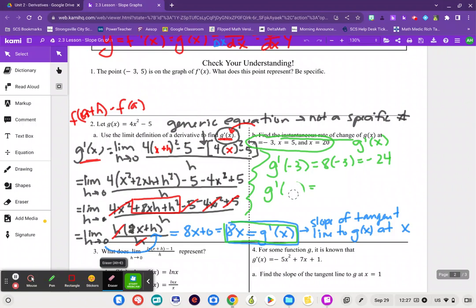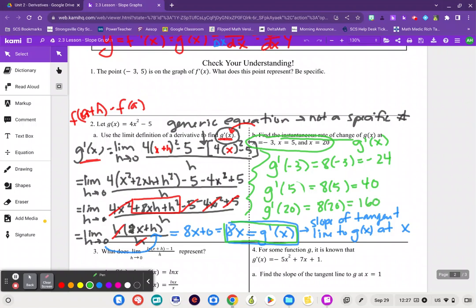I can do g prime of 5, which means I'm going to do 8 times 5. That gives me 40. So the slope of the tangent line to g at x equals 5 is 40. And I can do g prime of 20, which means I'm going to do 8 times 20. So the slope of the tangent line to g at x equals 20 is 160. That's a pretty steep line.